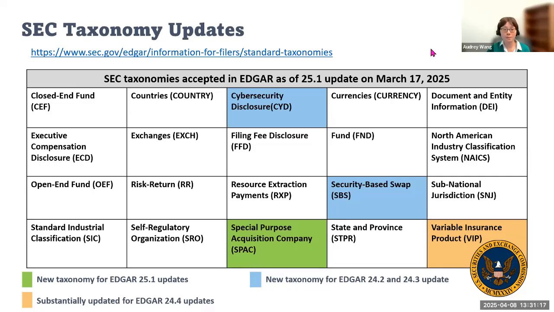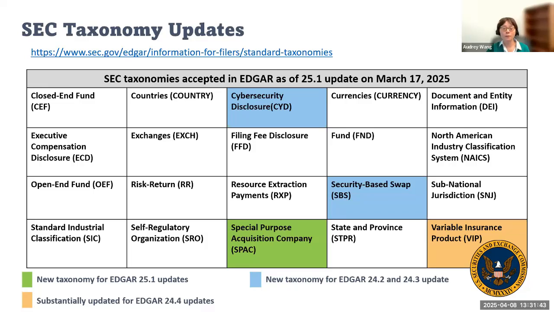In December, we updated the variable insurance product taxonomy to include elements for tagging certain non-variable annuities specific disclosures in response to the adopted rule and amendments requiring issuers of non-variable annuities to register offerings on Form N-4, the registration form for most variable annuities.